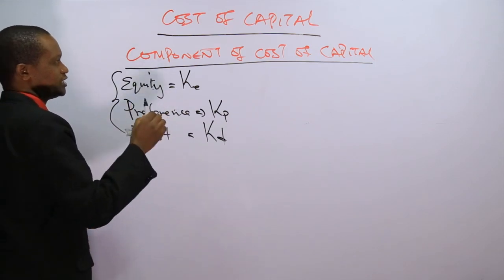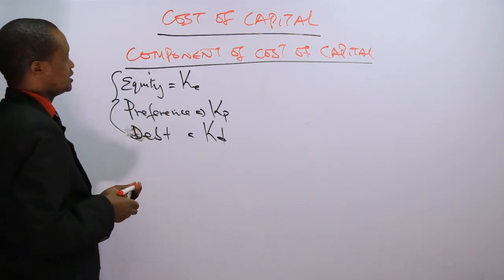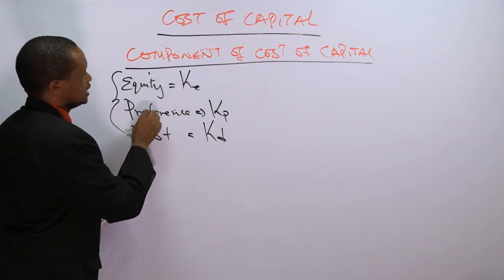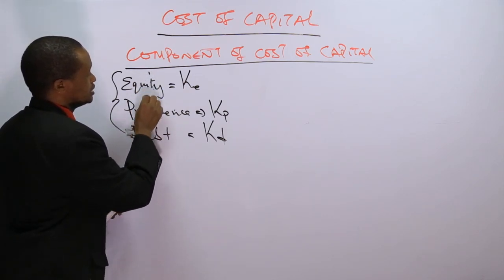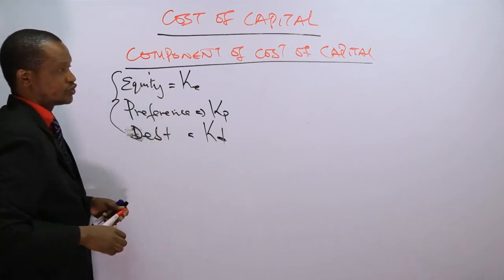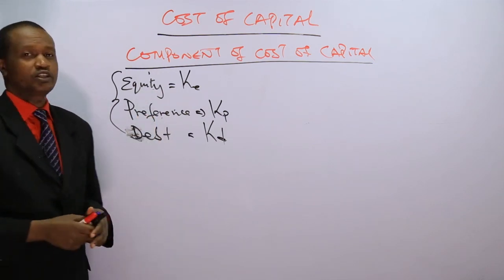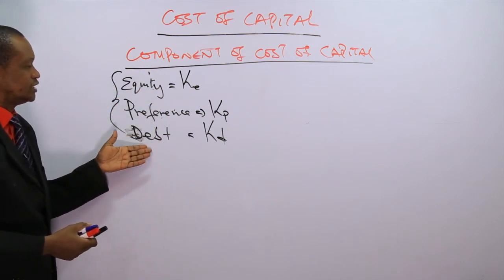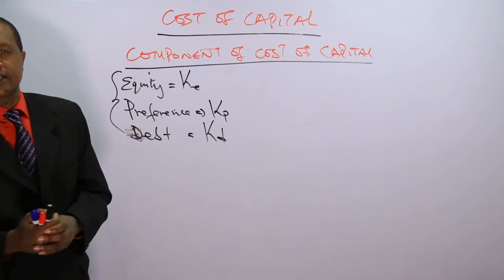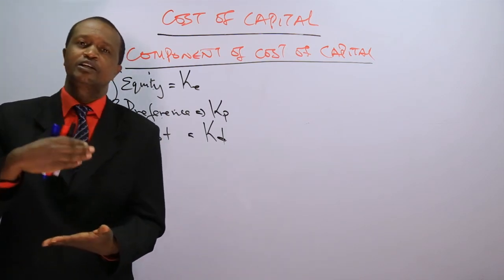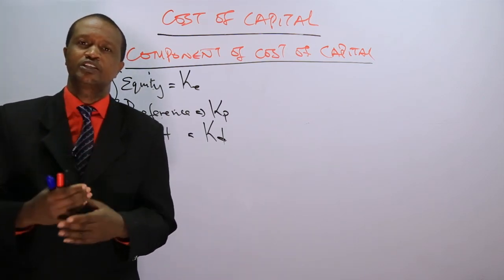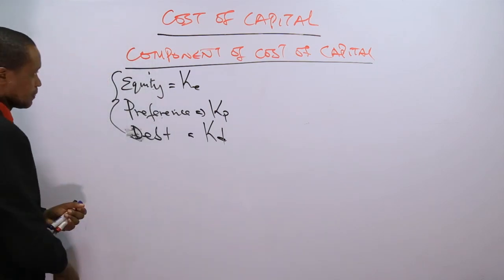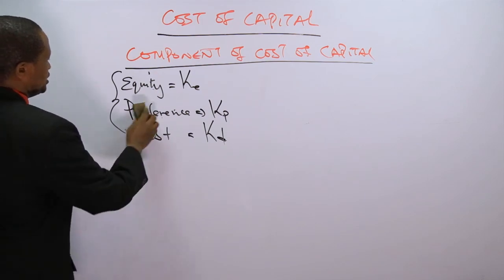So we need to learn how to calculate the cost of each component in the company's capital structure. In the structure of the company, we may have equity, preference stock, or debt. So in today's lesson, we'll be looking at the calculation of various components of capital. So we start with the equity.